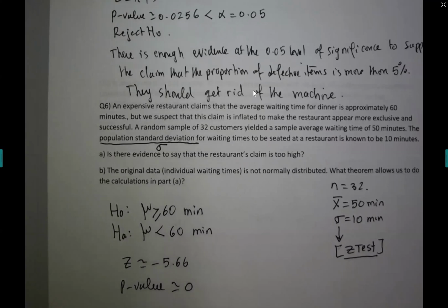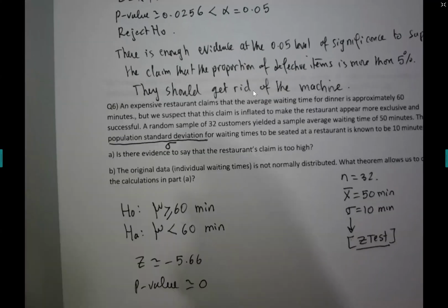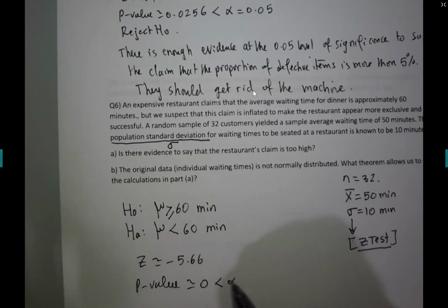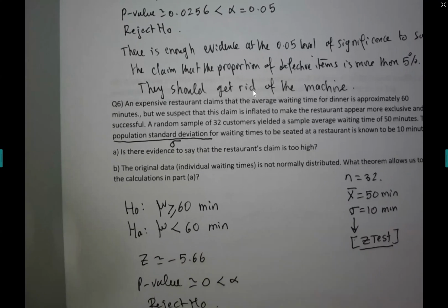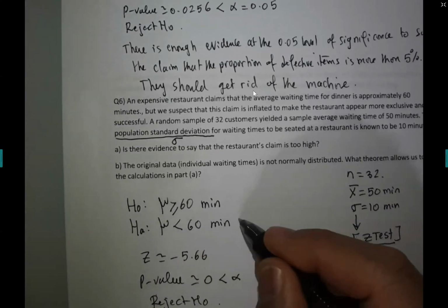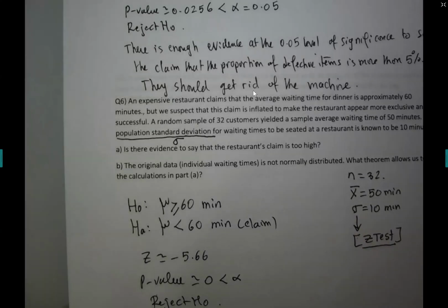So what's the decision, guys? Look, the p-value is 0. You're going to reject H0. Definitely. Oh, this is the claim. Sorry. We're going to reject H0 and support the claim.